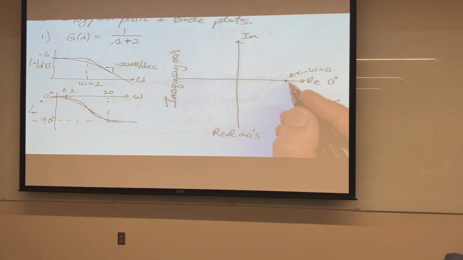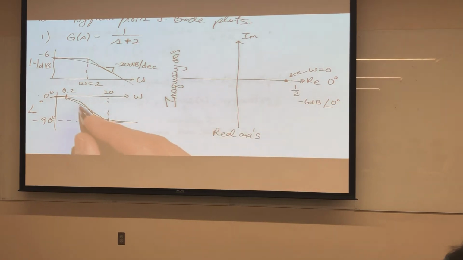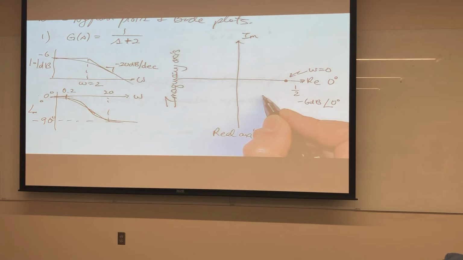I start off here initially at 0 degrees, but as frequency increases, the phase goes eventually to negative 90 degrees. We plotted one of the intermediate points. We plotted omega equal to 2, and it was somewhere right here. I did that one point by hand. You can do that as well.